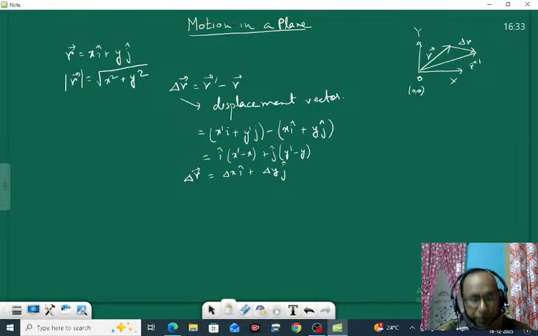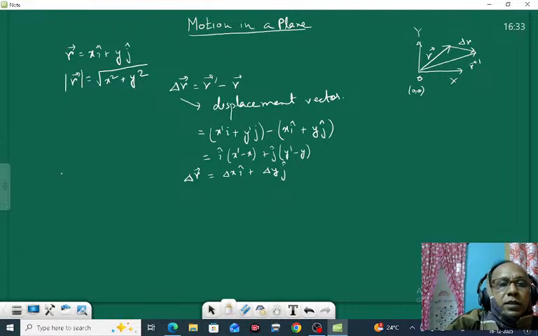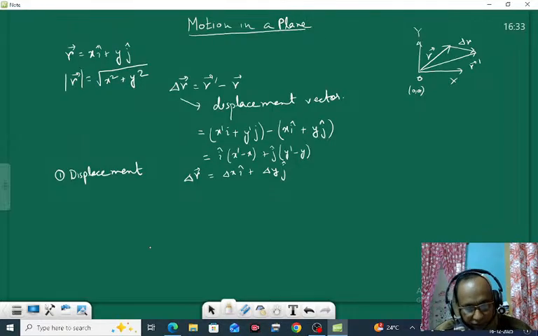This is the displacement vector. So you can find the displacement vector in this method, that del r can be found. Displacement vector del r is equal to this one.